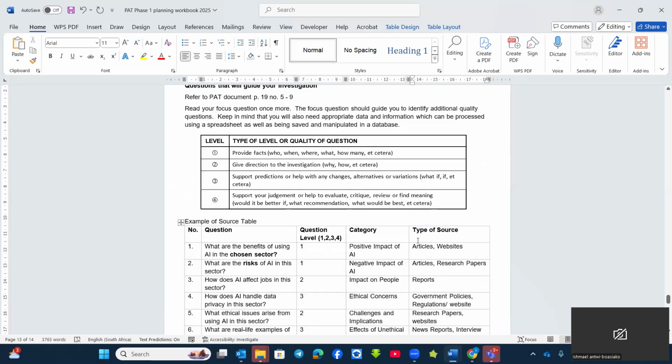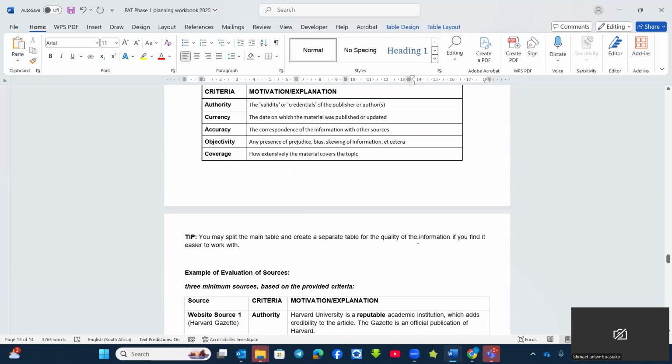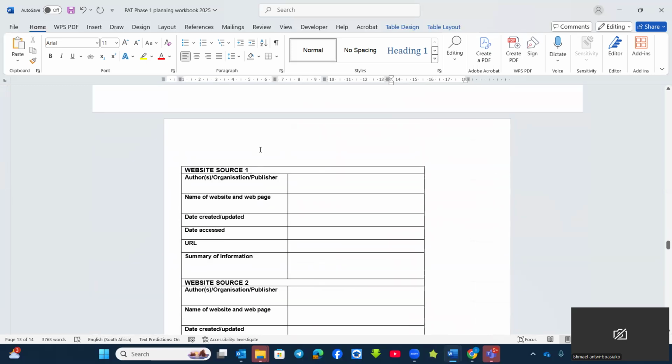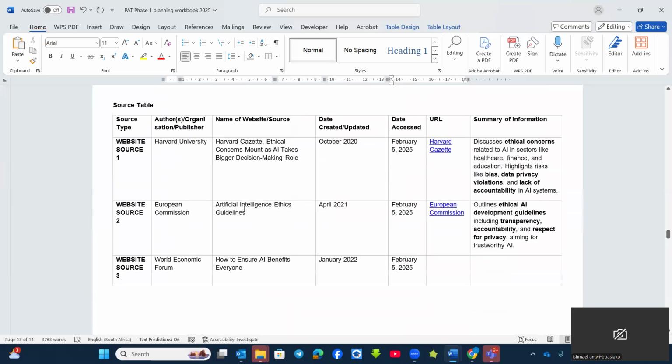When you are done with your 10 questions, you move straight to this source table. And this one, you can create this simple table, or you can make use of that table. So when you use this table, it will be the source, the author, the name of the website, the date created, the date accessed, URL, and then the summary of the information.